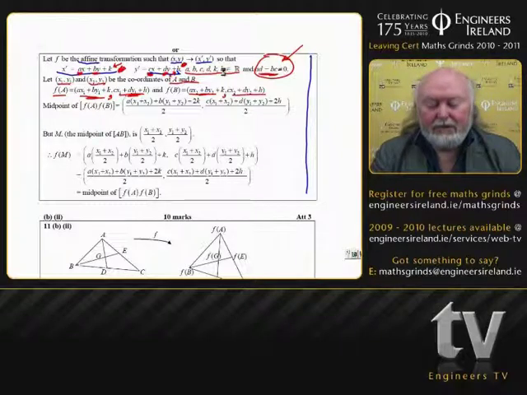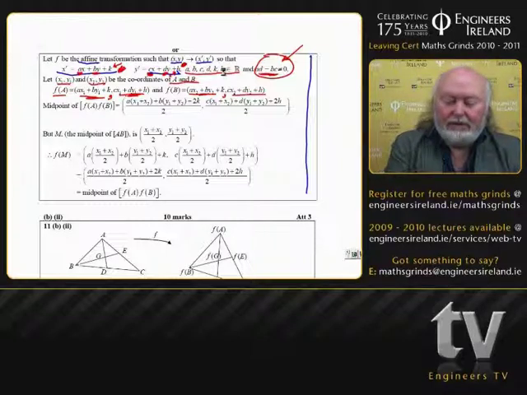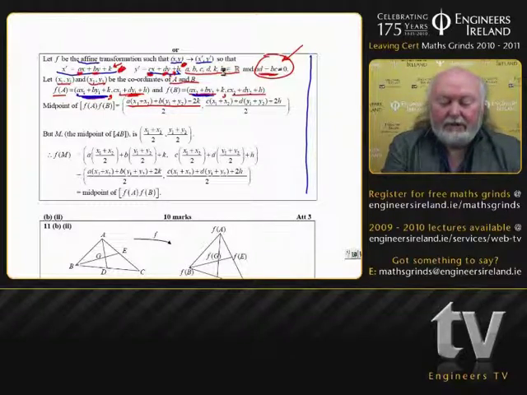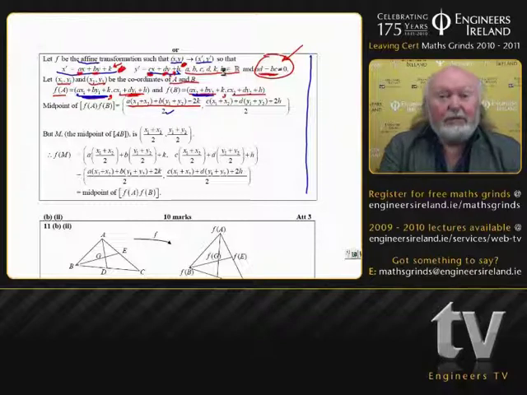So working out a midpoint is not difficult. It's just x1 plus x2 over 2, comma, y1 plus y2 over 2. That's all we've done here. This is just adding that bit and dividing by 2, and similarly for the y.